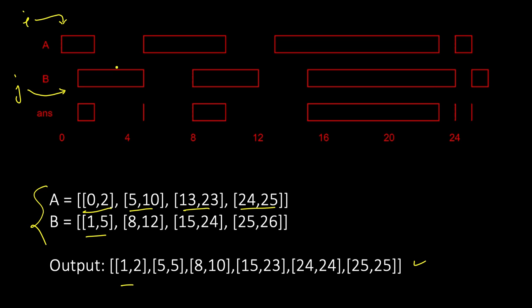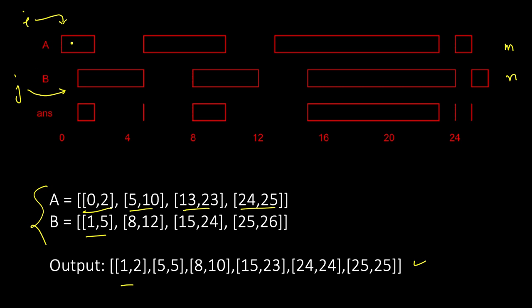One very naive way of doing this would be to take the first interval, compare it with all the intervals in B, and whatever overlaps, add it. Then take the second one and compare it with everything and add it to the solution if there is an overlap. That is not a good approach, since if there are m intervals here and n intervals there, it will take order mn time. So we will do some optimization.